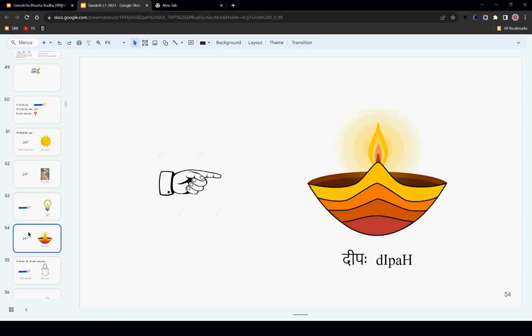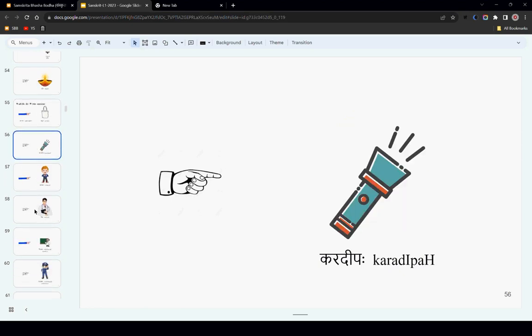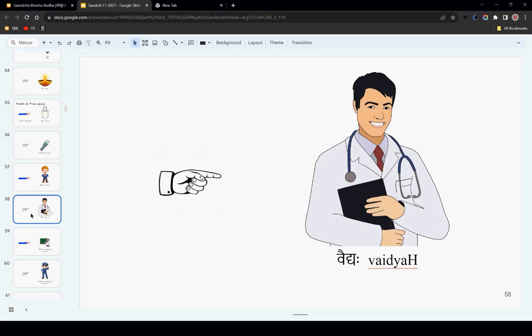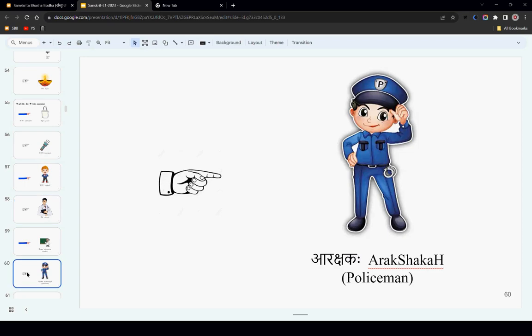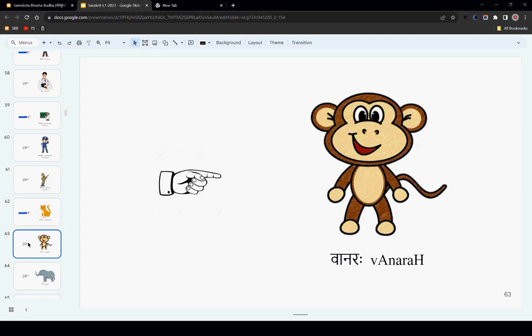Similarly, we have Eshaha Deepaha. This is Deepaha, or Eshaha Deepaha Asti. Similarly, there are many more examples here with Eshaha, indicating nearness, closeness. So we have Eshaha Vaidyaha, Eshaha Arakshakaha, policeman, Vaidyaha, doctor, etc. Eshaha Vanaraha, monkey.